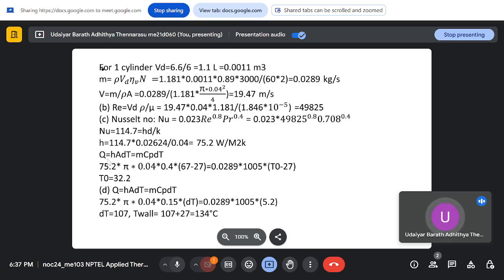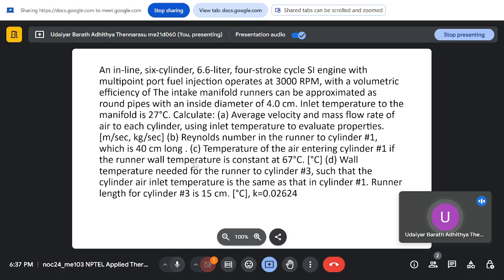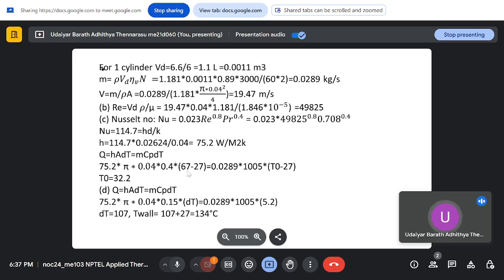So Q is nothing but HA dt, which is equal to mCp delta T. So H is 75.2 into area, which will be the perimeter of the runner, so pi into 0.04 into the length. For the first cylinder, it is given as 40 centimeter, so 0.4.